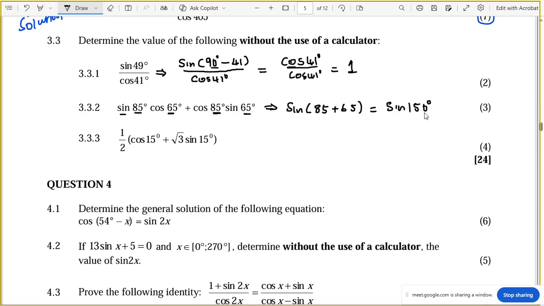So you need to do the reduction formula. 150 is in quadrant 2. So this is the sine of 180 minus, what should we subtract? We need to subtract 30. So how is sine in quadrant 2? Sine is positive. This changes to sine 30. And on your calculator, you'll find that sine 30 is a half. Then you're done.